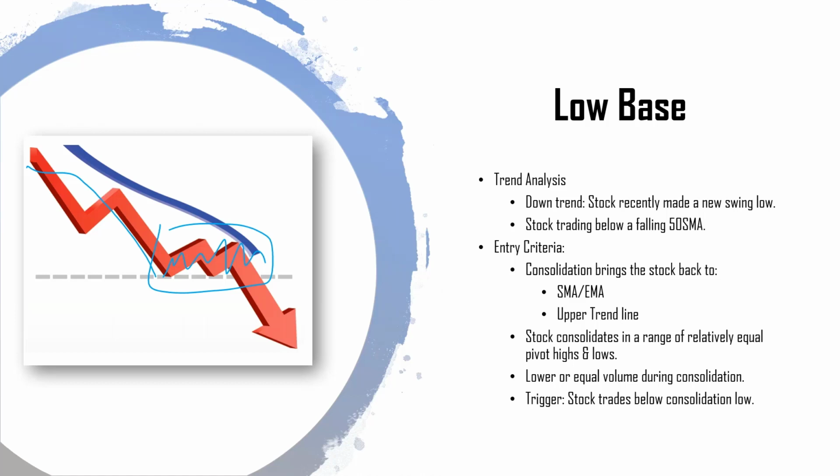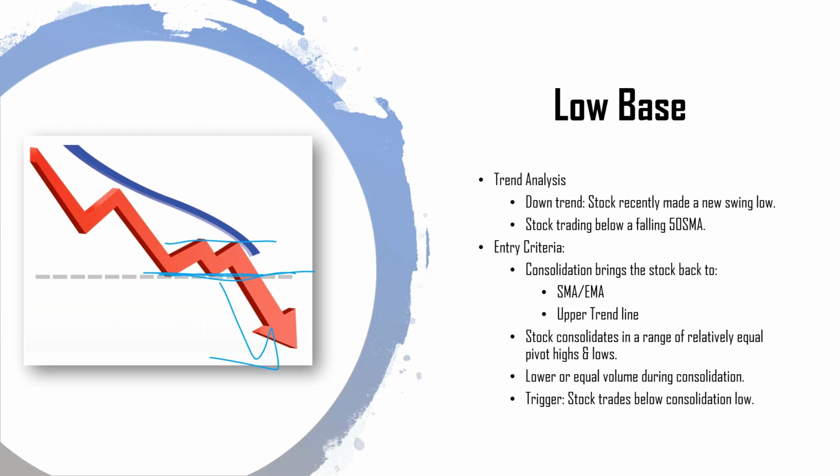And so it brings the stock back to the EMA or SMA, whatever you like to use, which is that blue line, or an upward trend line, which could be like this. And then relatively equal highs and lows, hence this part, so equal highs and lows. And then when the stock breaks this support level, that's when you would enter the trade and ride it further down.